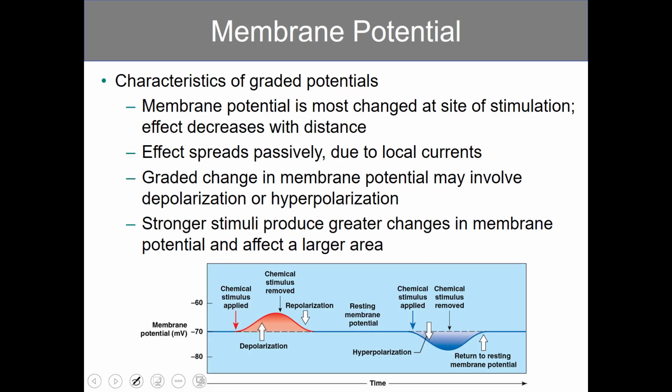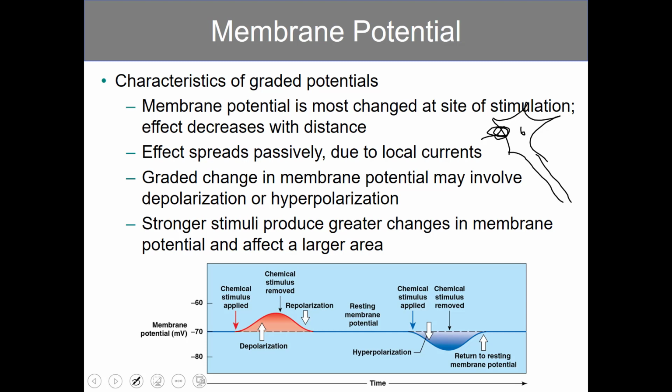So, characteristics of a graded potential. The membrane potential is most changed at the site of stimulation. If you think about a neuron, if the site of stimulation is right here, that is where most change is going to occur, in that little region of the cell membrane.